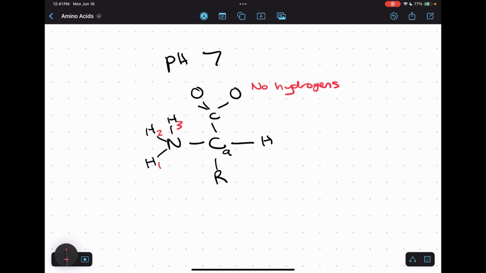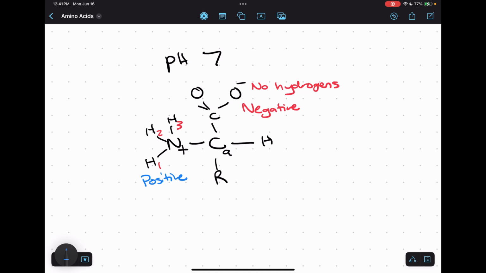This is not going to be neutral for us. We're actually going to have a charge on both over here and over here. So we now have a negative charge on the carboxylic acid and a positive charge on the amino group.